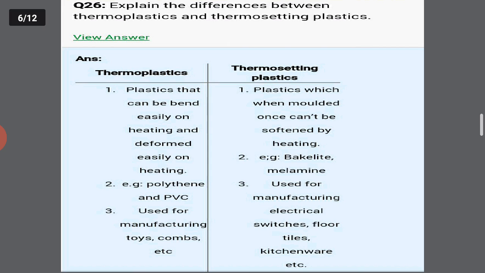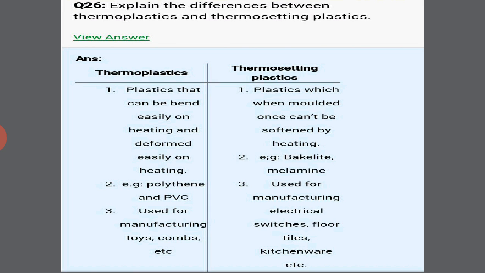Next question. Explain the difference between thermoplastic and thermosetting plastic. Thermoplastic can be bent easily and deformed easily on heating. Thermosetting plastics, when molded once, cannot be softened by heating. That means they get settled down only once.